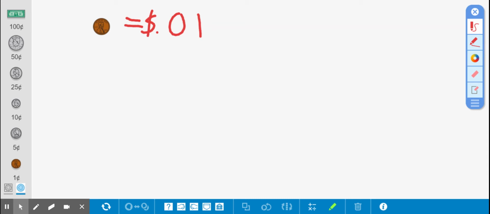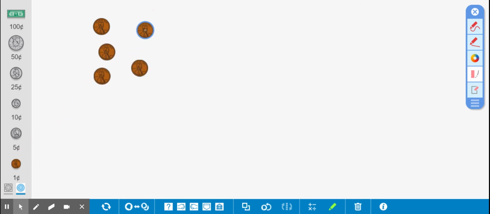Well, what if we did this? What if we say we had, let's say, 5 pennies? Well, as a decimal, we now have 5 1/100ths or 5/100ths, and we write it like this. It is a decimal point.